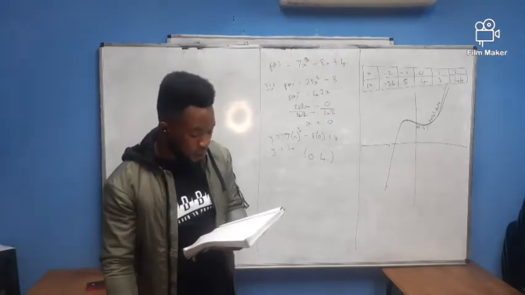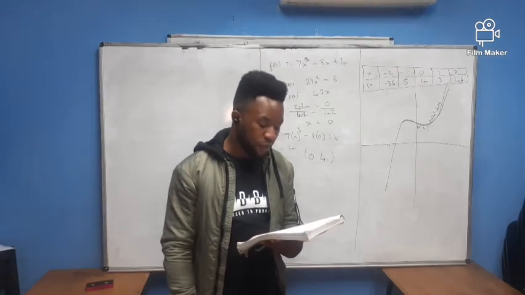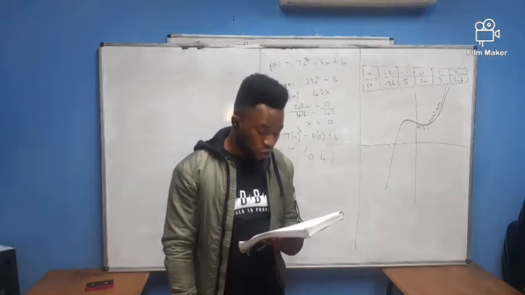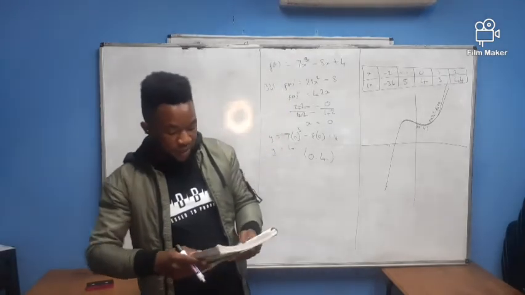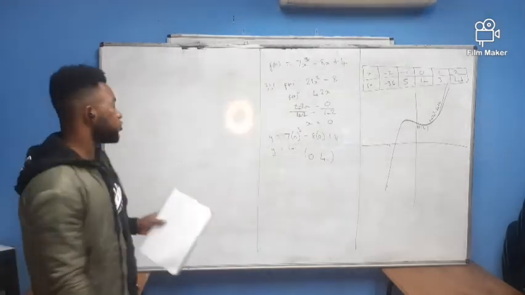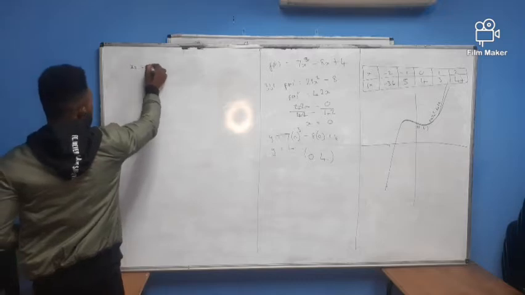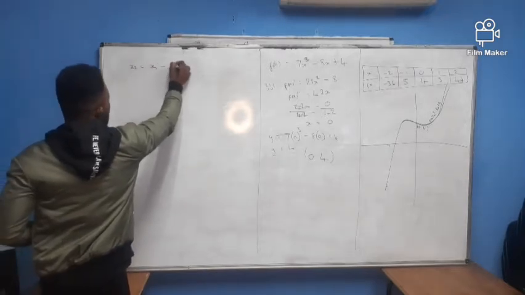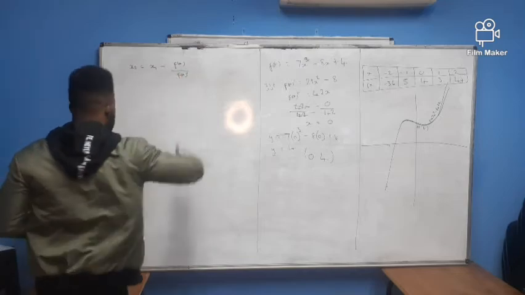Use this value and the Newton method to determine a better approximation of the root, correct to 3 decimal figures. So now they want me to calculate the approximate root using the Newton method, and the formula that you are going to use says x2 is equal to x1 minus f(x) divided by f'(x), the derivative.